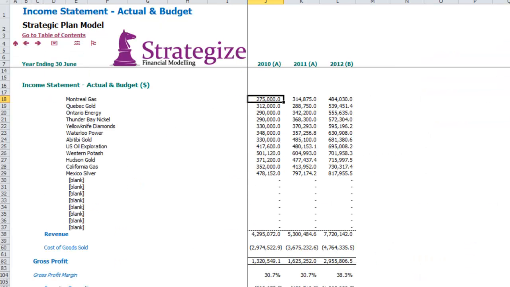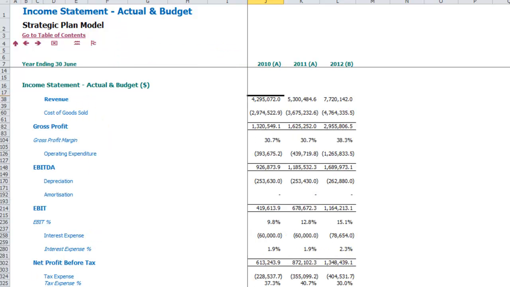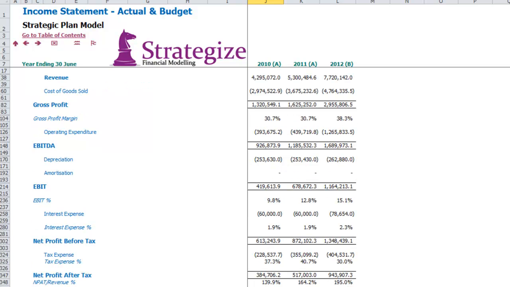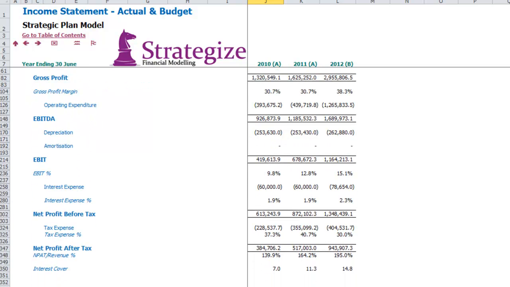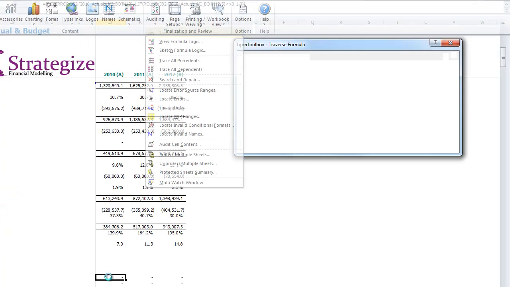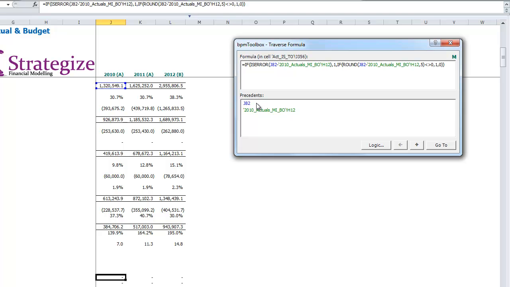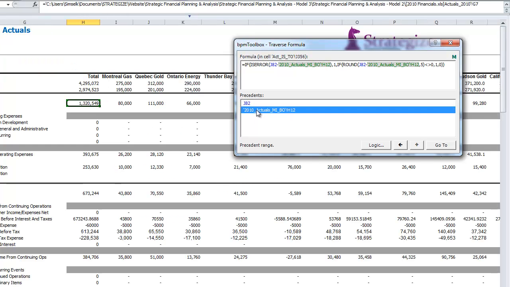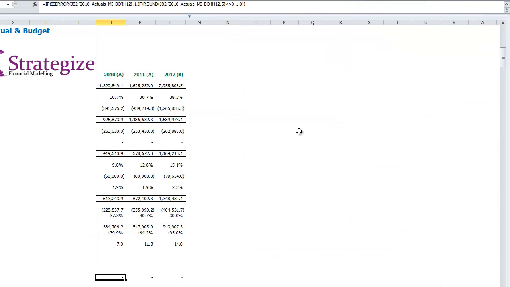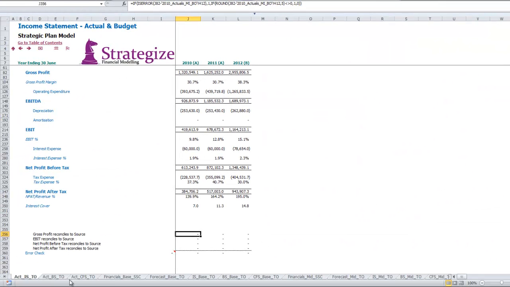Another important aspect of the best practice model for strategic planning purposes is the importance of having thorough error checks, with the gross profit number of 1.3 million. As we can see, we're tying back to that number there. One thing's for sure with error checks is that you can never have too many.